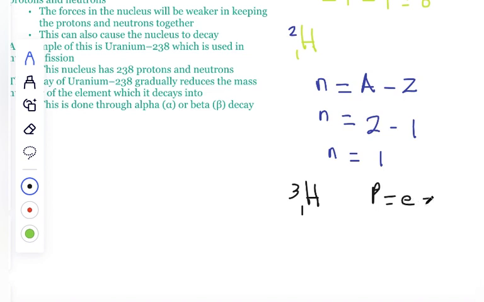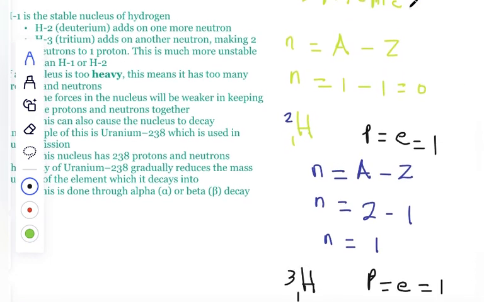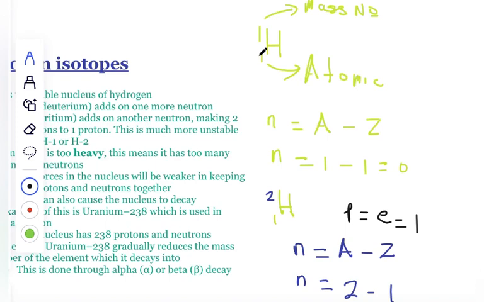Similarly for the other cases, the number of protons equals the number of electrons, and both equal 1, the same as for the first one.